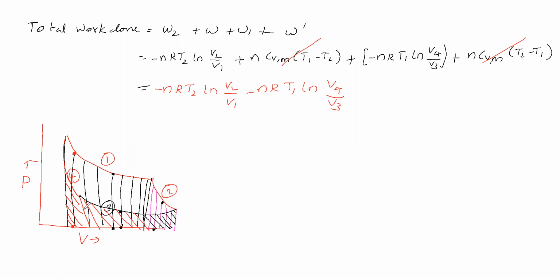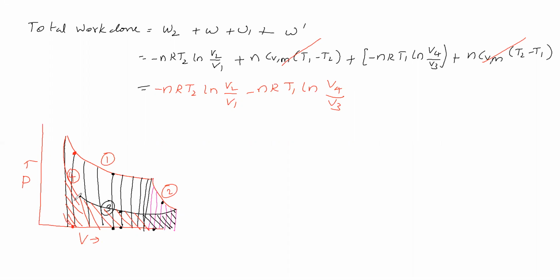That is, fourth step work means area under fourth step curve. This is fourth step work. Due to this fourth step, some amount of work of first step is cancelled out, that means becoming waste.